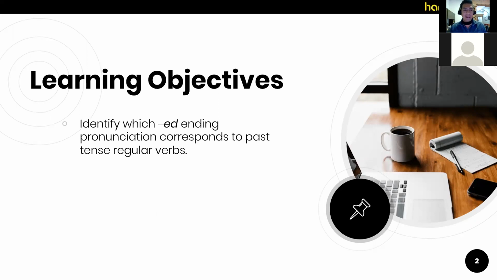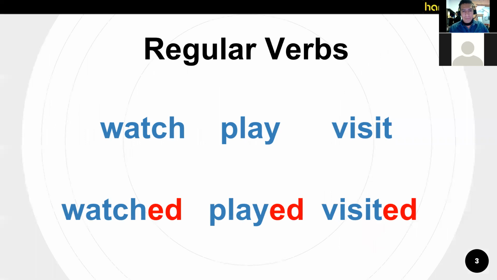The objective is to identify which -ed ending pronunciation corresponds to past tense regular verbs. We're going to focus on the regular verbs, but remember, sometimes other words like adjectives have these -ed endings, so we can also use them in this area. First, which ones are the regular verbs?